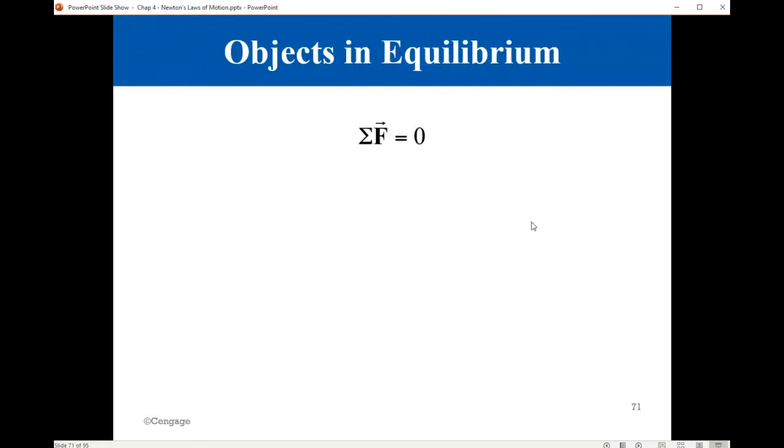If the system is in equilibrium, this means the net force is 0. When we say the net force is 0, this means net force along x is 0, net force along y is also 0. If there are 3 dimensions, net force along z is also 0.